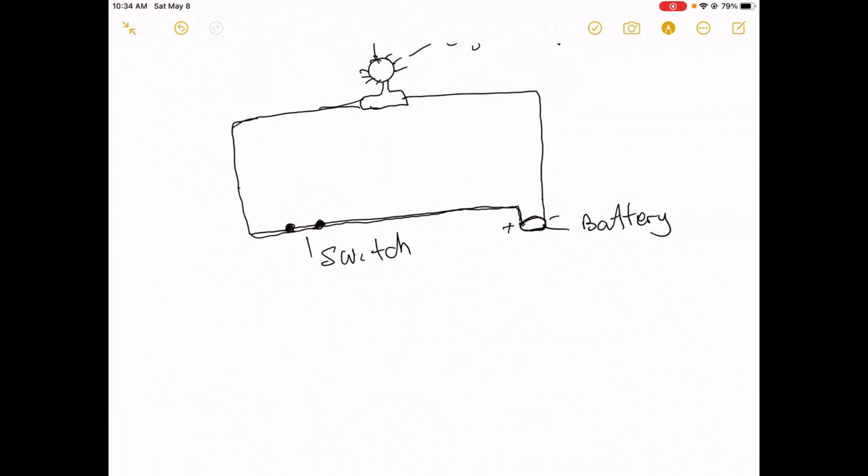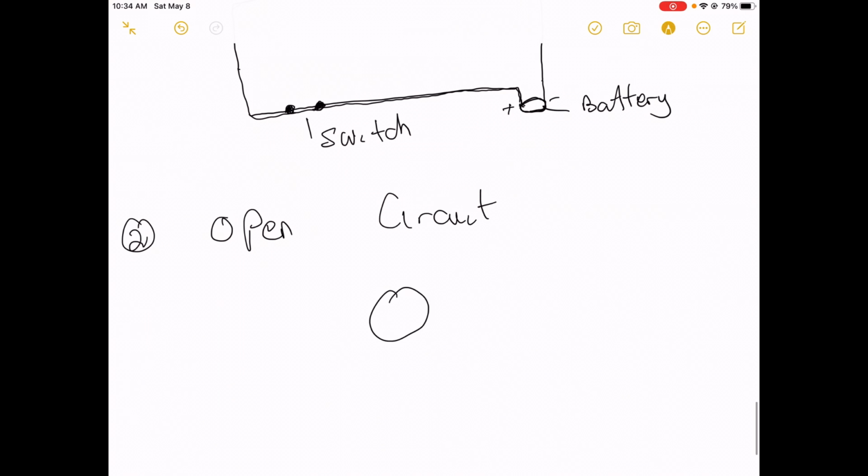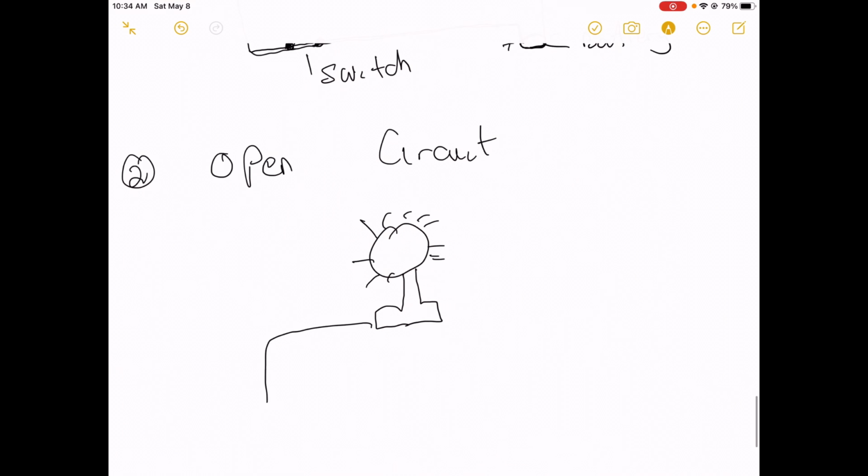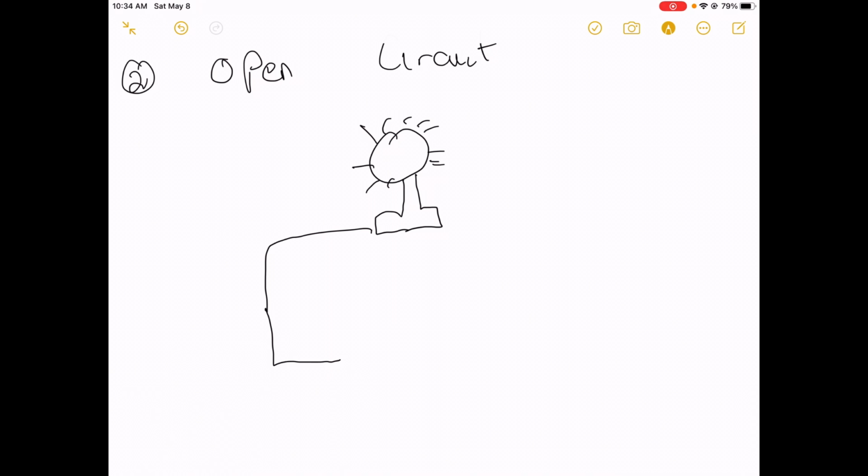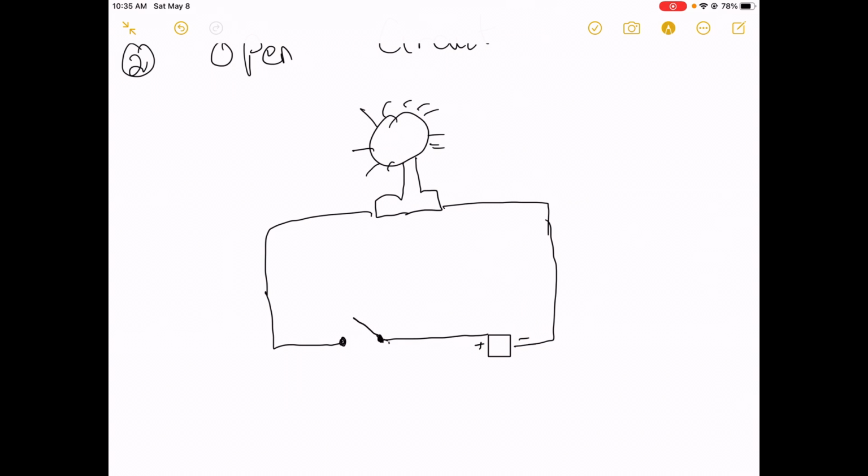But when we come to open circuit, let's find out what happens to our bulb. Now we have a wire that runs through, right? Let's say there's a battery here. Now our circuit is open. This is our switch, which is open.